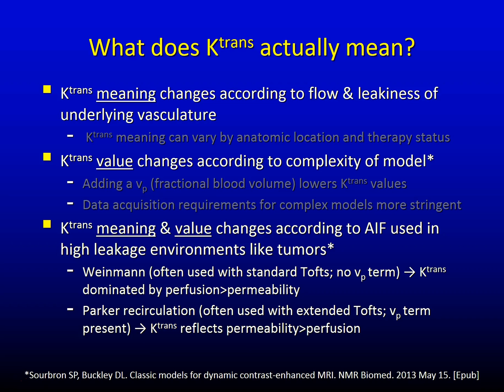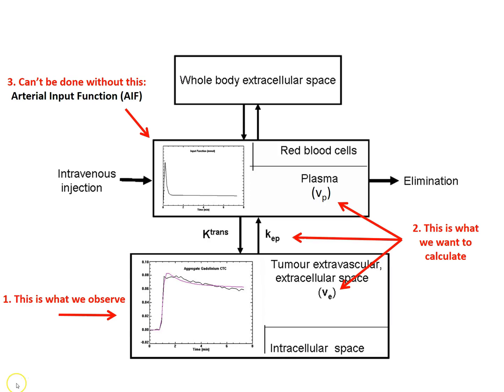The other thing you need to remember is that the Ktrans meaning and value change according to the input function that is used to model the enhancement curve in high leakage environments like tumors. Many of you will ask, what is the arterial input function?